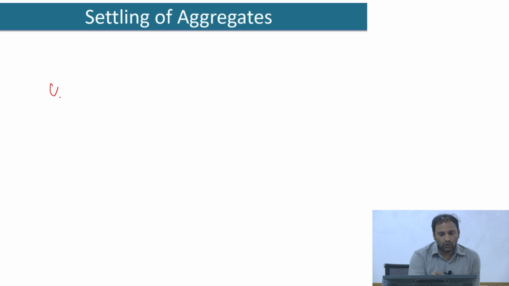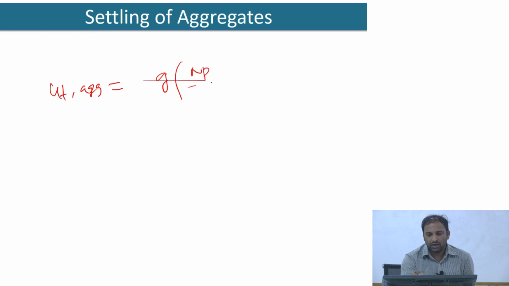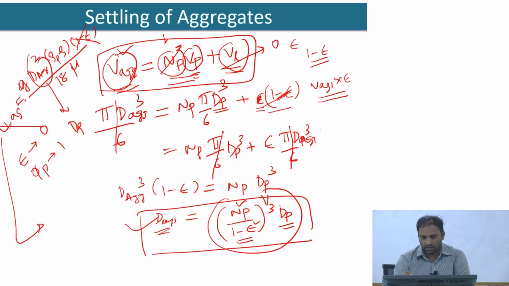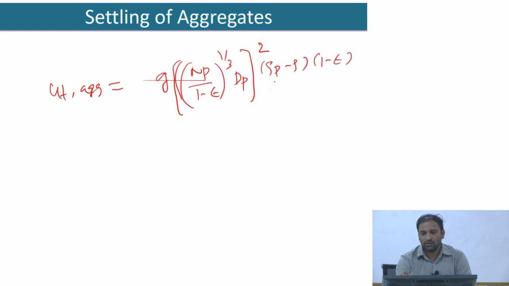Therefore, your UT aggregate would go as g into, instead of d aggregate squared, Np divided by 1 minus epsilon to the power of 1/3, into dp, whole squared. And of course, there was rho p minus rho, and 1 minus epsilon, divided by 18 mu. That is what you had.